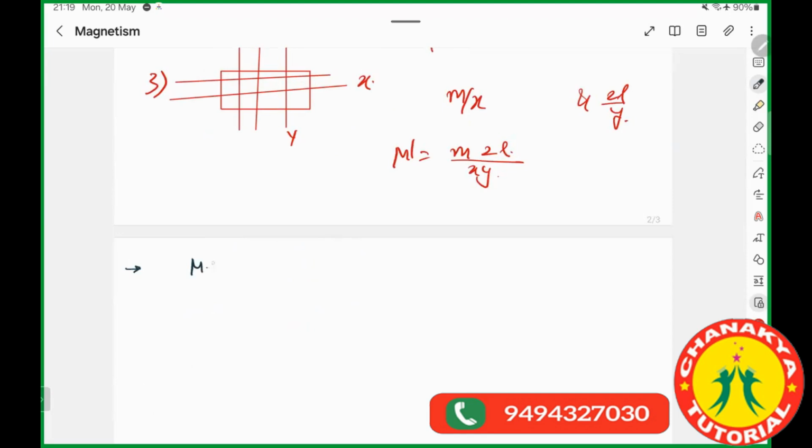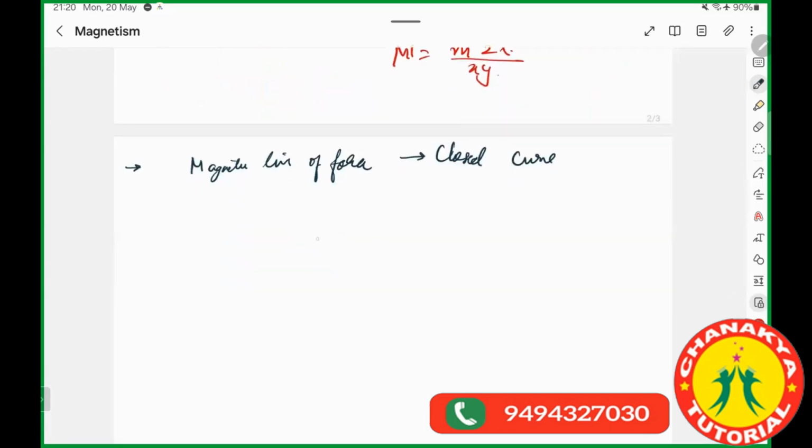Magnetic lines of force are closed curves. From north, they emerge out, and in south, they merge in. So magnetic lines of force are in closed curves.